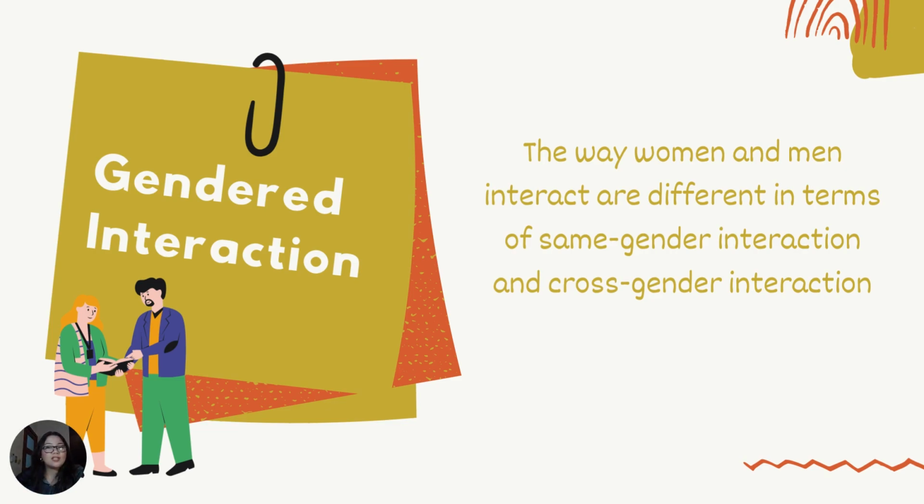In cross gender interactions, men are more likely to interrupt women. And as you know, that is known in the present time as mansplaining. Also, men are less likely to produce back channels.